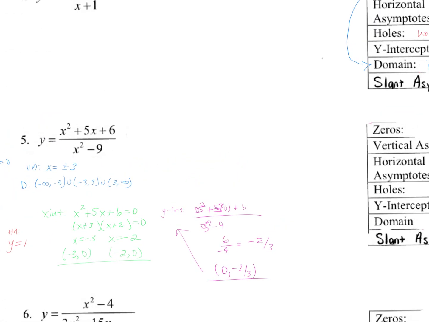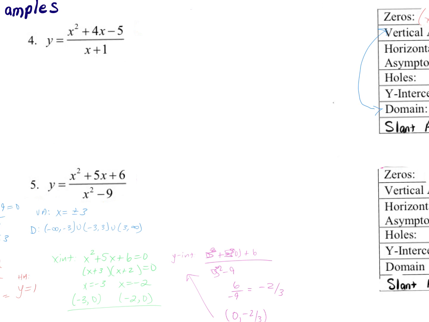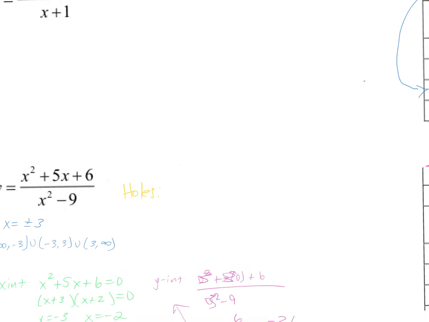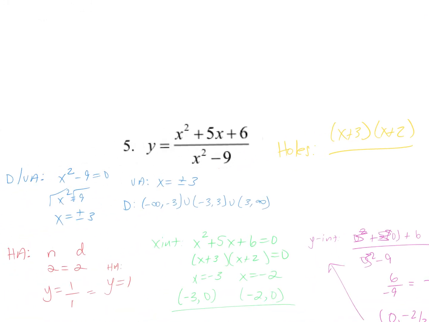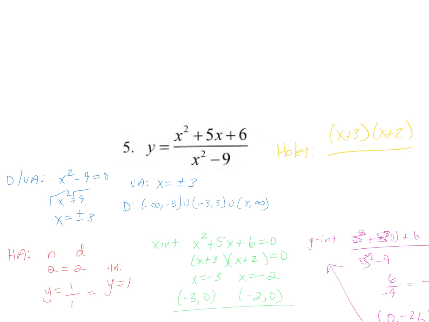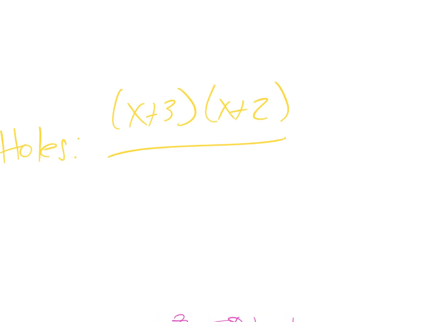All right, so holes. How do we find holes? Factor numerator and denominator. We already factored the numerator. It was x plus 3, x plus 2. We've already factored the denominator, or we solved it, right? What's the denominator? x plus 3, x minus 3. Do you see a binomial that is exactly the same on the top and the bottom?